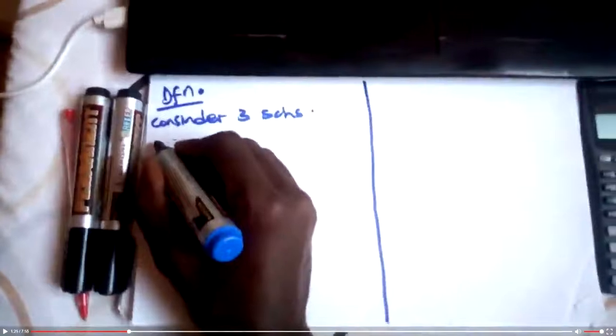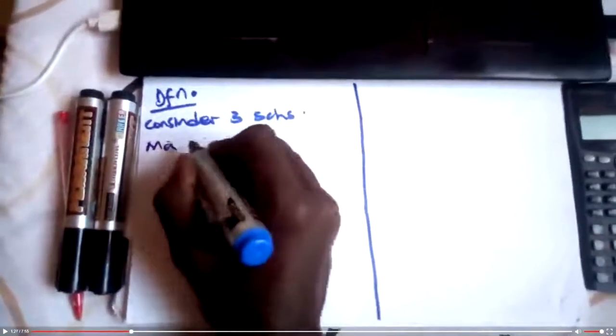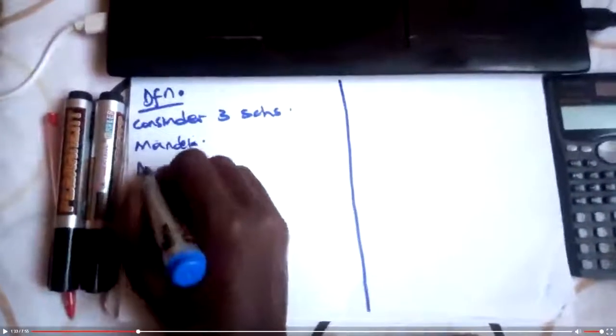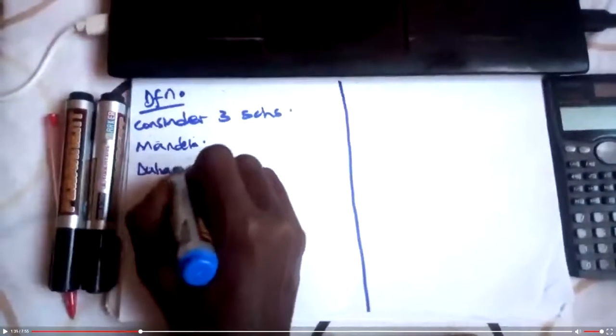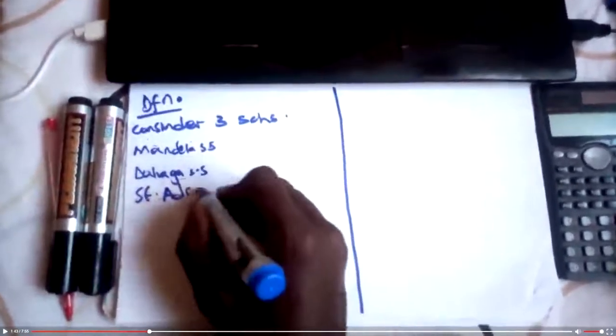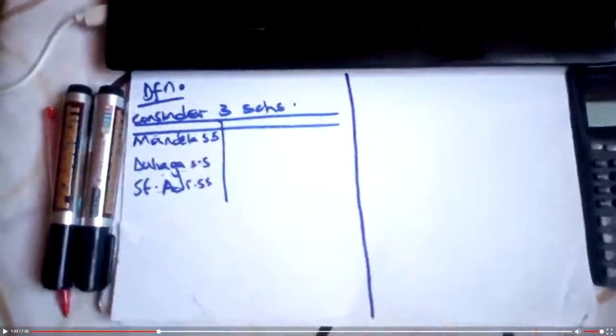We consider Mandela. These are some giant schools in Bunyoro, Mandela. We consider Duhaga Secondary School. Let's also consider St. Andrea Secondary School. So let's say that these schools are participating in a Coca-Cola tournament.